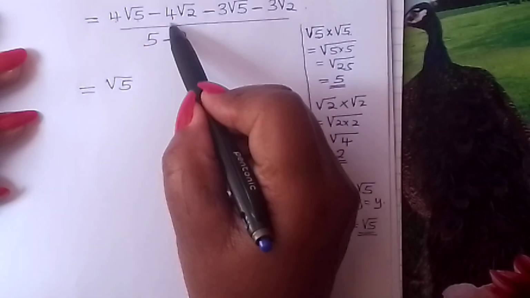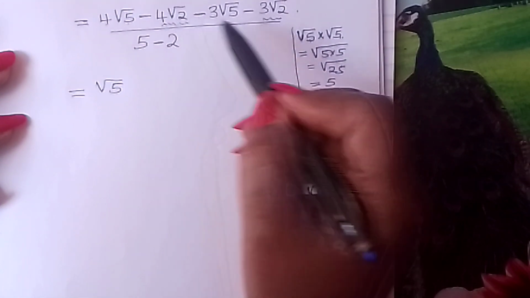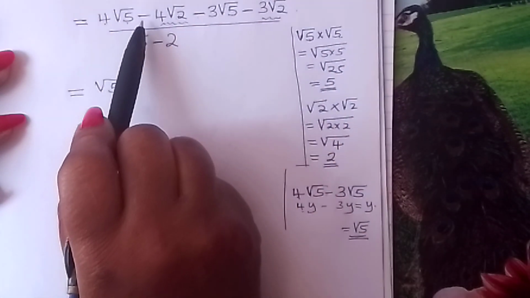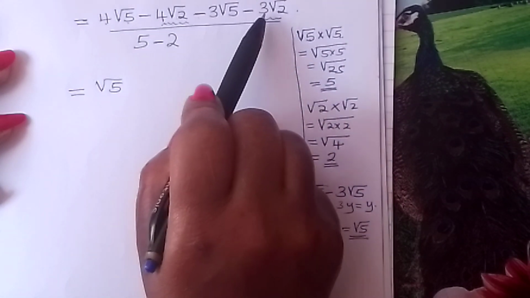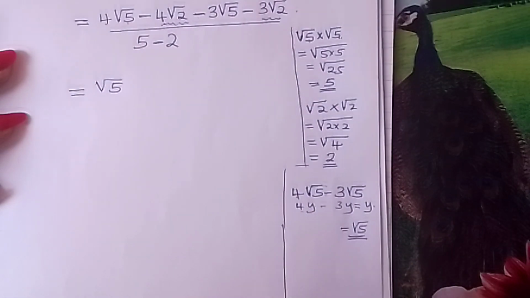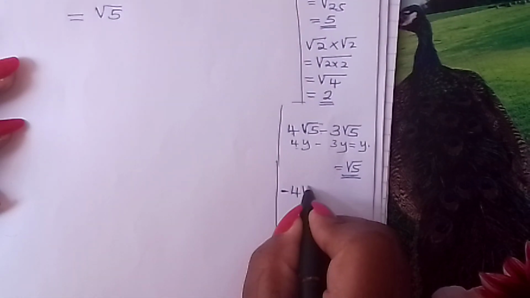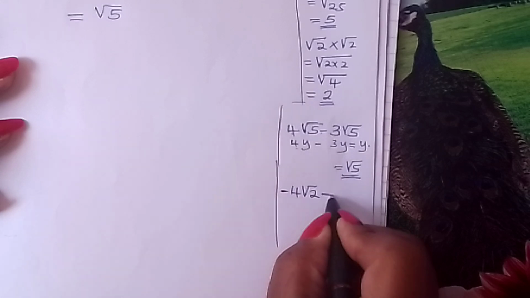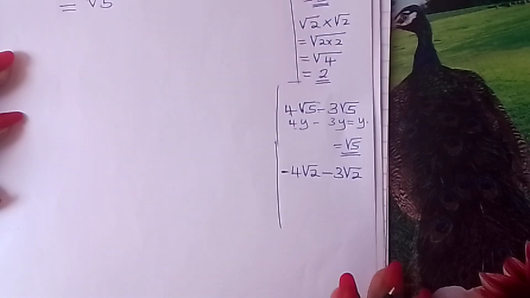We go to the others. This one and this one are like terms. They have root 2, root 2. So we have negative 4 root 2 minus 3 root 2. A similar thing, learner.